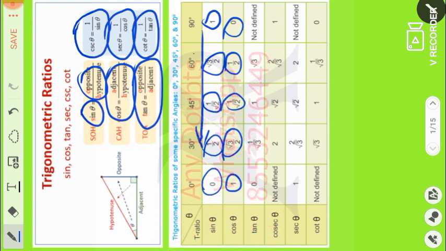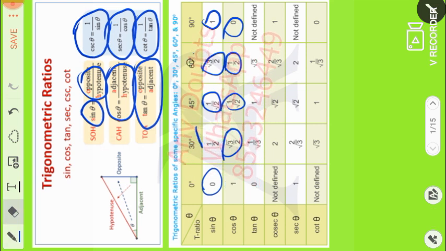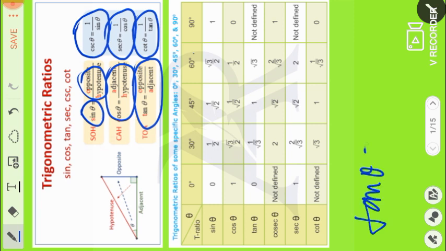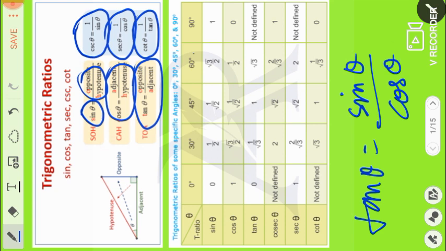Next, we have to find the value of tan theta. For tan theta, we know that tan theta is equals to sin theta by cos theta. Using this definition, I can find the values of tan theta. See, for tan theta we have to do sin theta by cos theta.